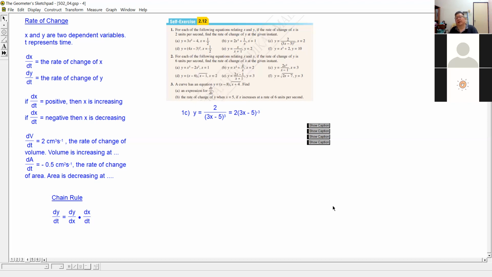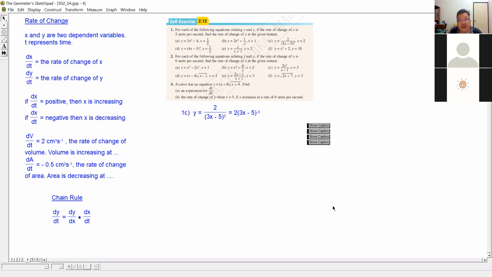Now let's say, for example, the area of a circle. This circle is shrinking. So how much is this area shrinking? Every second, the area becomes smaller by 3 square centimeters. So I can say that the area is changing.